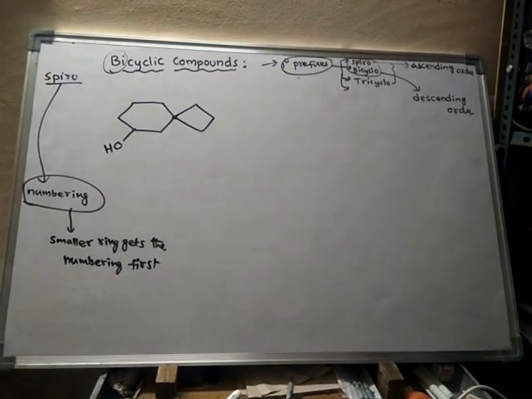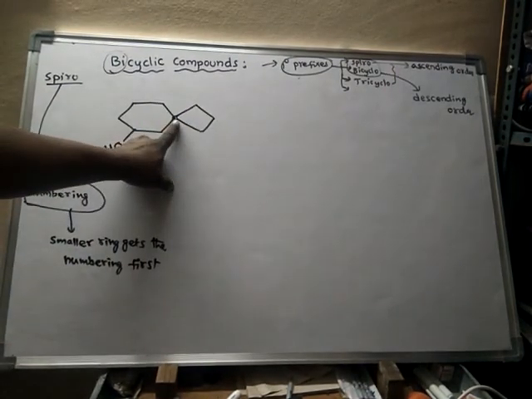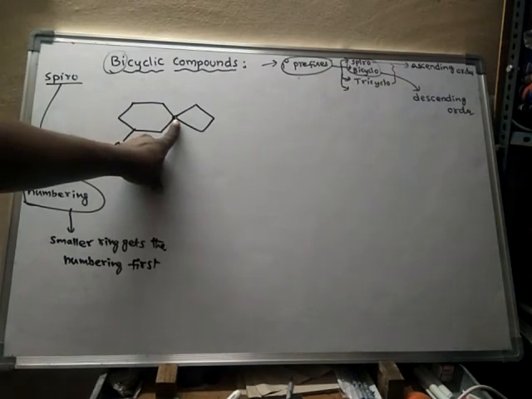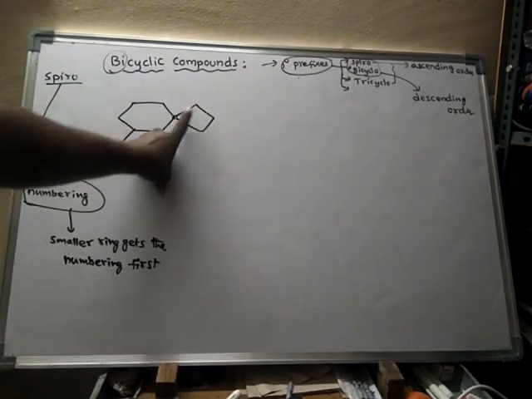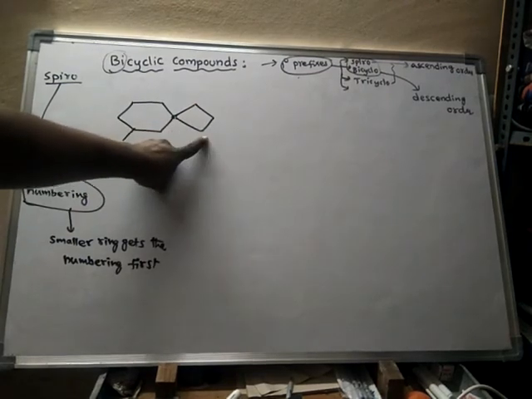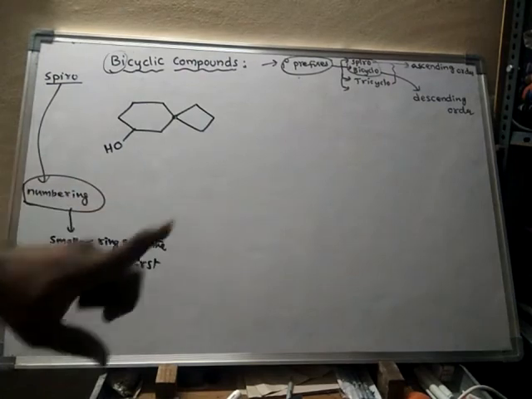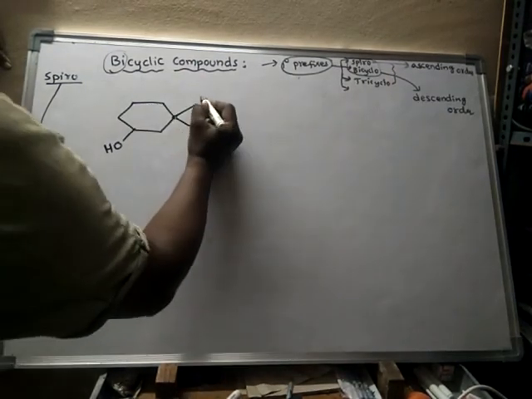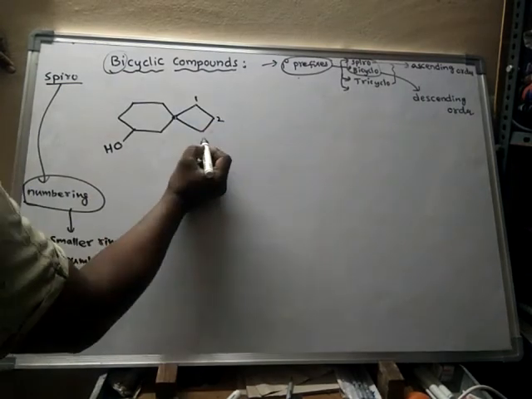Remember that while giving the numbering, the spirocarbon center should not be given the first number. The carbon adjacent to it, either this carbon or this carbon, should get number 1. Suppose I give number 1 here, this will become 2 and this will become 3.